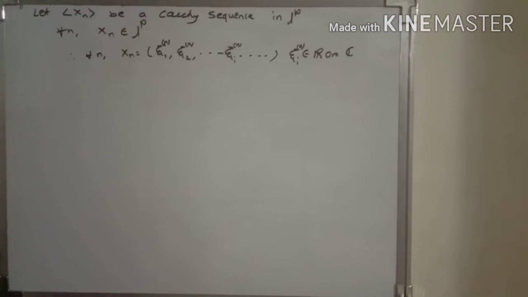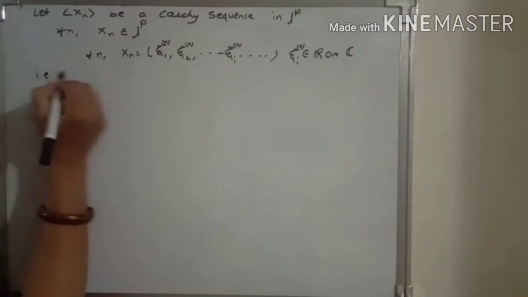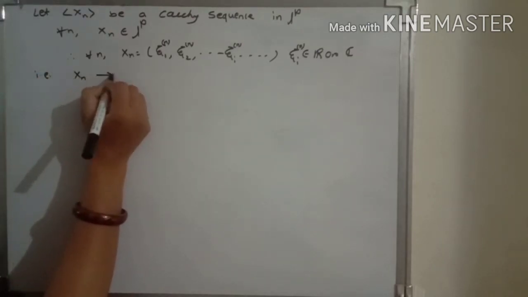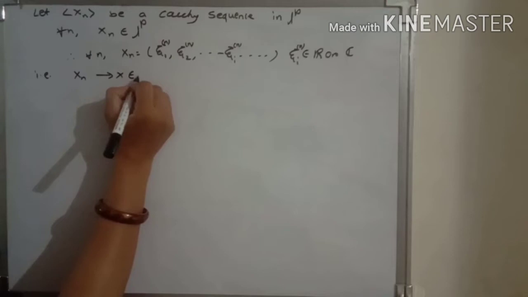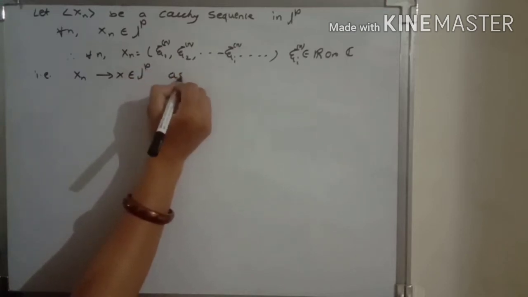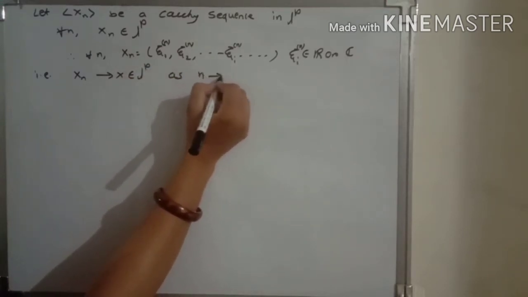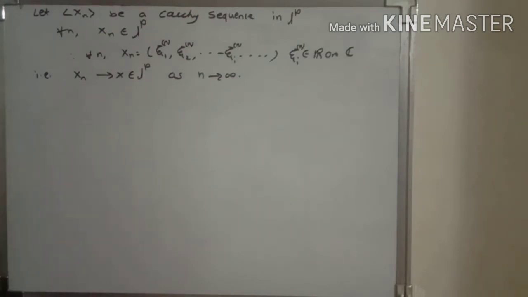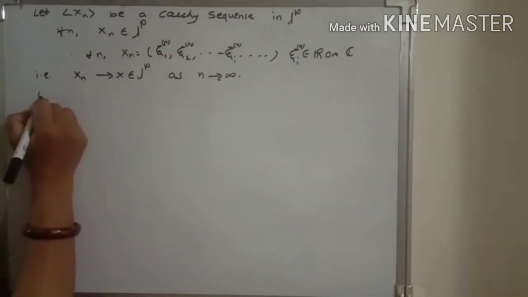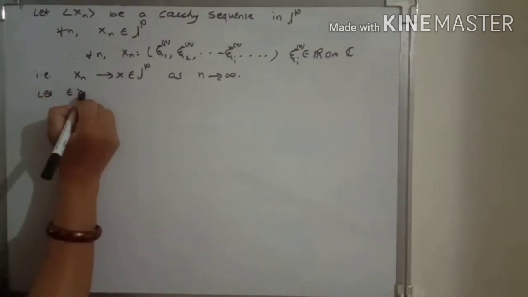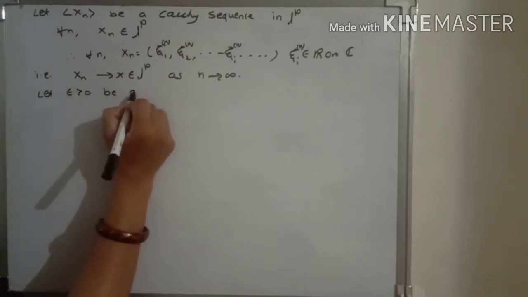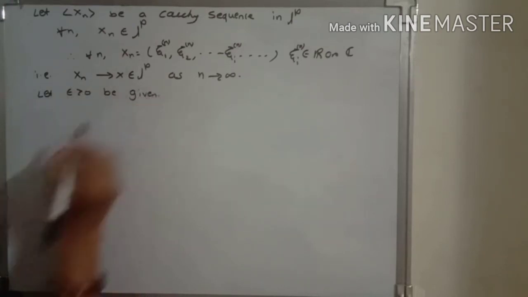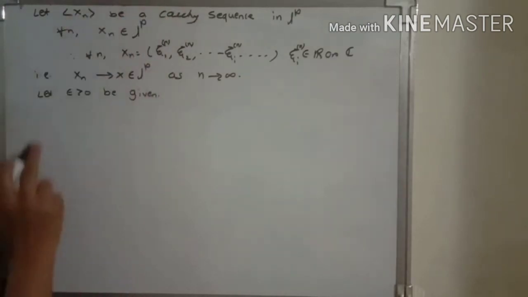Now here we have to show that this Cauchy sequence in LP converges in LP. That means we have to show that xn converges to x, an element of LP, as n goes to infinity. So we start with epsilon. Let epsilon greater than 0 be given. Then it is a Cauchy sequence.